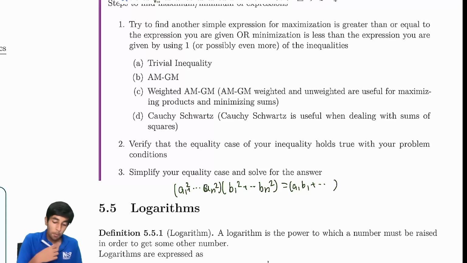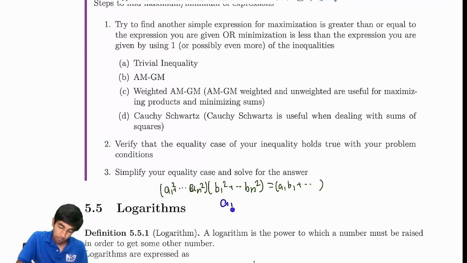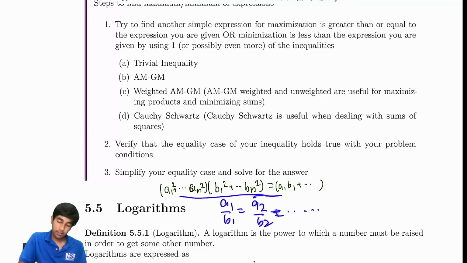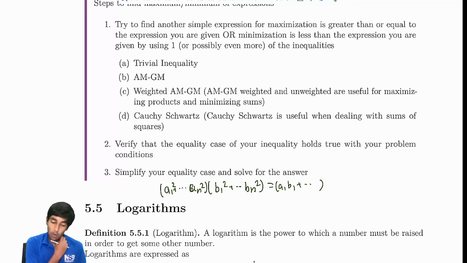So what we can say is that a1 over b1 is equal to a2 over b2, etc. So that's what this tells us. We can also sometimes use our equality case to see that this is just Cauchy in its equality form. So that tells us this cool thing. And also, for example, if x plus y is equal to 2 root xy, x and y have to be equal.